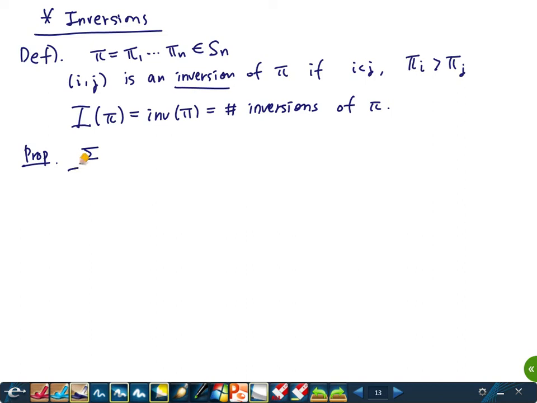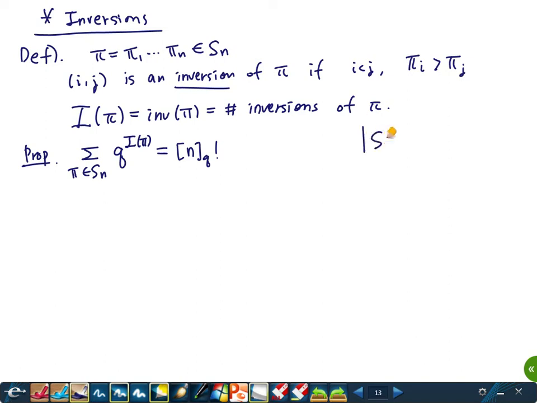The sum over all permutations in Sn of q to the number of inversions is equal to n q-factorial. So this is another q-analog. A q-analog of the fact that the number of permutations of Sn is equal to n factorial, right?